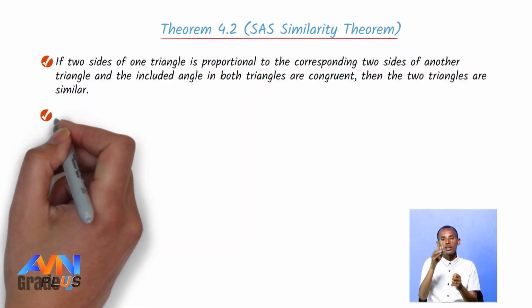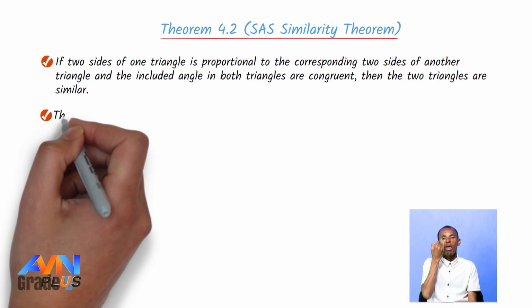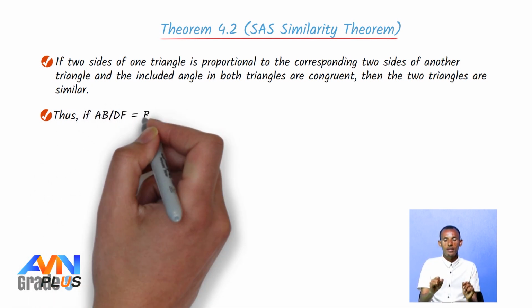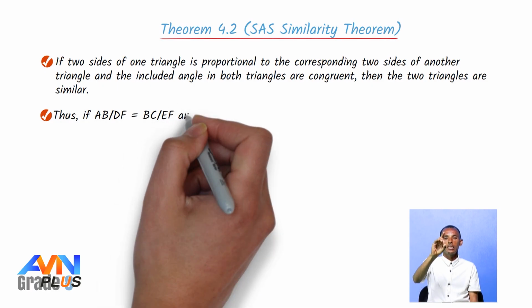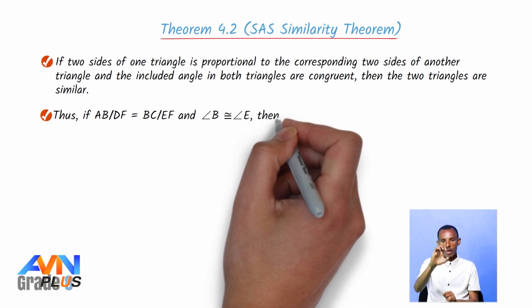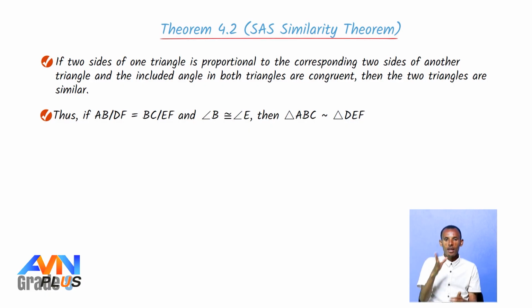So shortly we can write like this. Thus, if AB over DE is the same as BC over EF, okay, we need to have two proportional sides, and the included angles B and E are congruent, then triangle ABC is similar to triangle DEF.